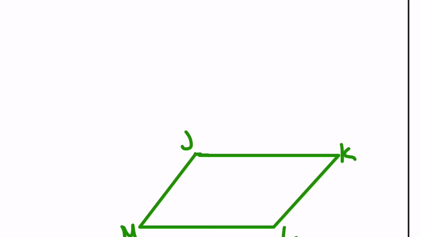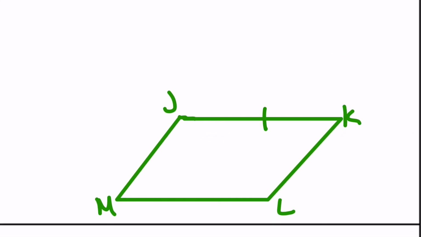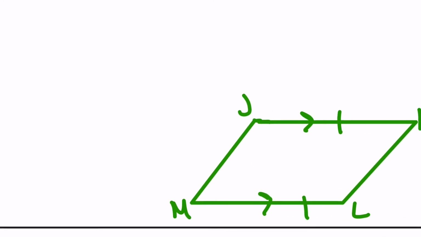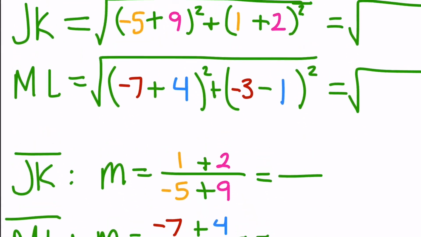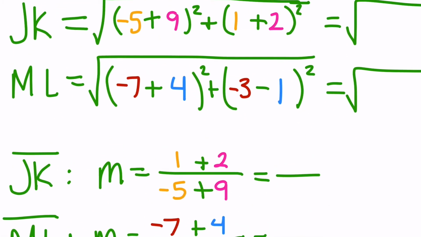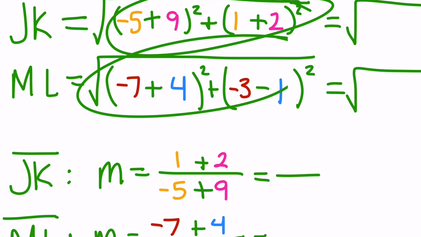So if I look down at my shape down here, I'm trying to prove that these are congruent and that they're parallel. So I went ahead and set up my 2 sets of information I'm trying to find. In order to find out if JK and ML are congruent, I need to find the distance between J and K and the distance between M and L. I need to find the lengths of those 2 sides. So that's where I set these up using my distance formula.